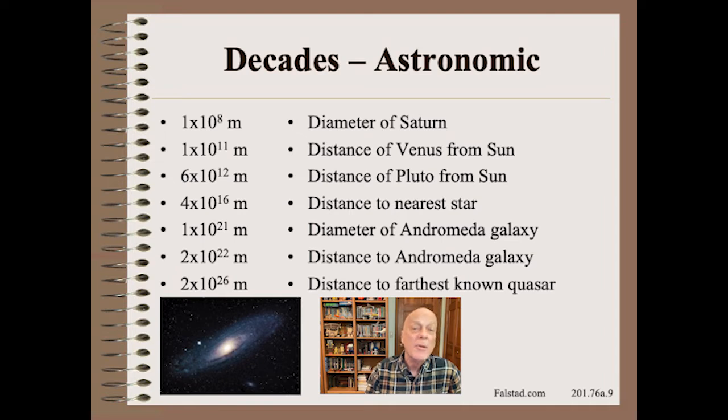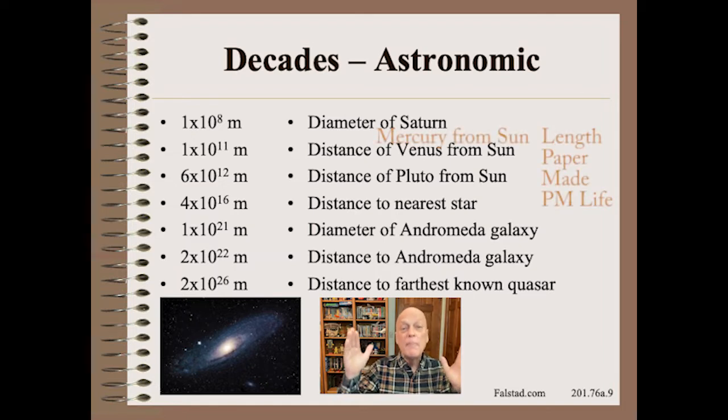This is likely to be bested with the James Webb Space Telescope that can see fainter objects as usefully in the far infrared. As a point of reference, the length of paper made on a modern paper machine during its half-century long life is about the distance from the Sun to the planet Mercury.